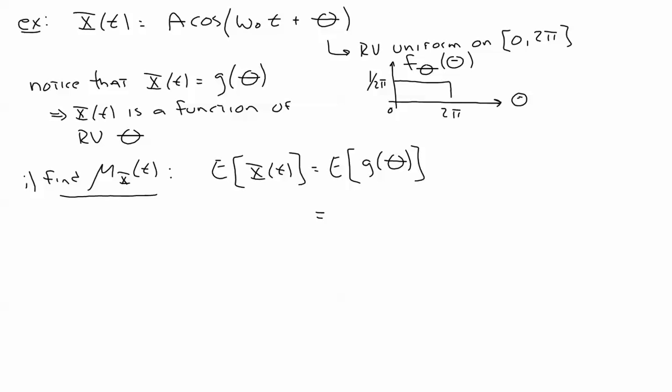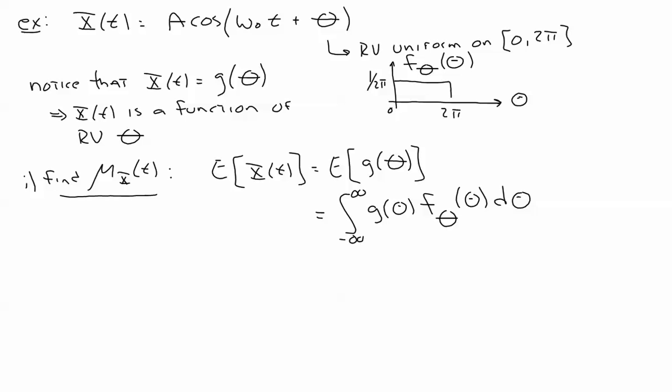and that can be written as g of theta times the probability density function for theta. Okay? The expected value of a function of a random variable is the function times the probability density function for that random variable integrated over all possible values.